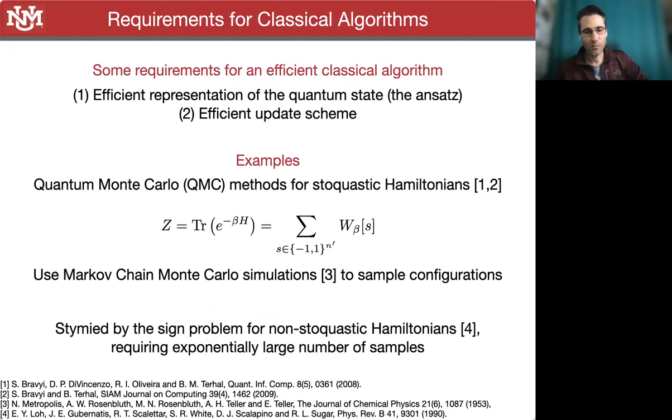So what might we want from a good, let's say, classical algorithm, right? These are just my requirements. I would say that the first thing I want is for the classical algorithm to have an efficient representation of the quantum state, right? So, we know that naively, we could always choose to represent the quantum state, if it's a system of n qubits, in terms of a vector with 2 to the n complex numbers.